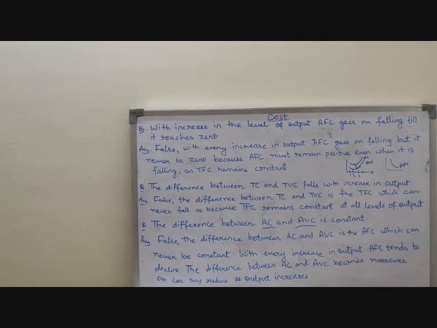But they never touch. Clear? That can never be constant. Between AC and AVC there is AFC, which can never be constant, because with every increase in the output, AFC tends to decline. Clear? So the difference between average cost and average variable cost becomes narrower, or you can say reduces, as output increases. So these are the questions which can be done. So please note it down.